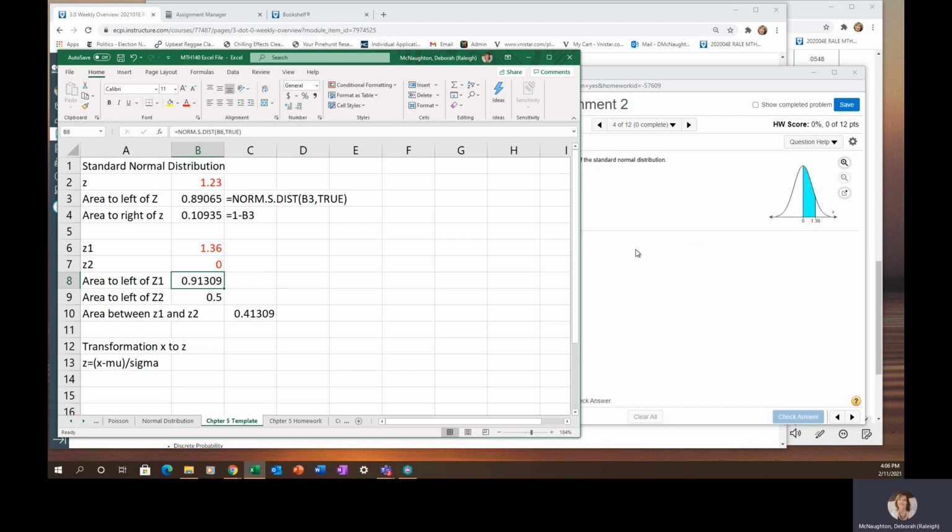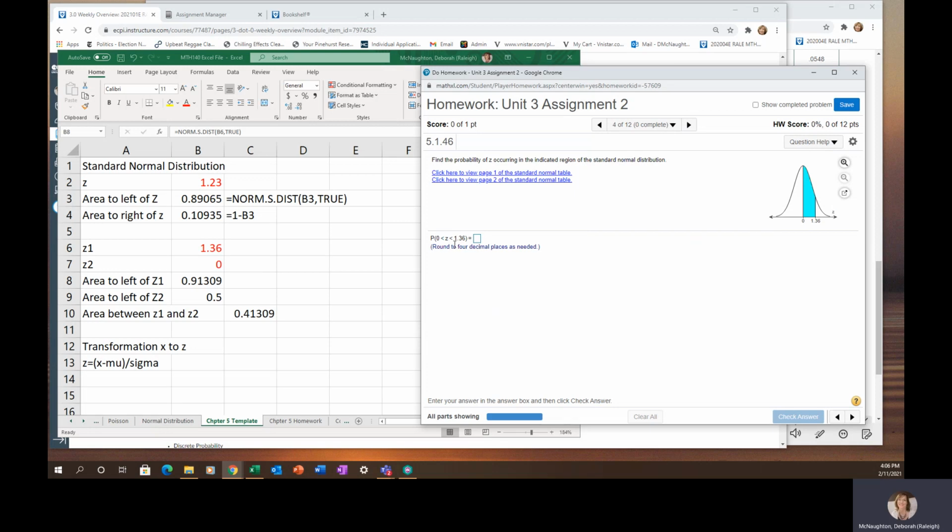I subtract them and I get 0.41309. The area corresponds to the probability. So the probability that Z is between 0 and 1.36 is 0.4131. It always wants it to 4 decimal places because that's what the tables give you.